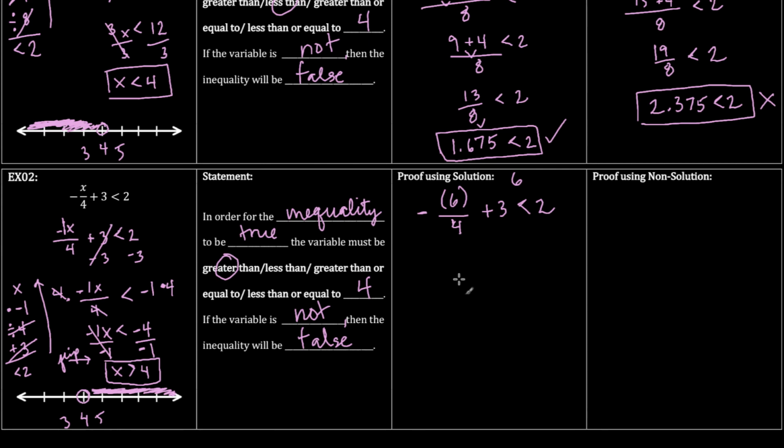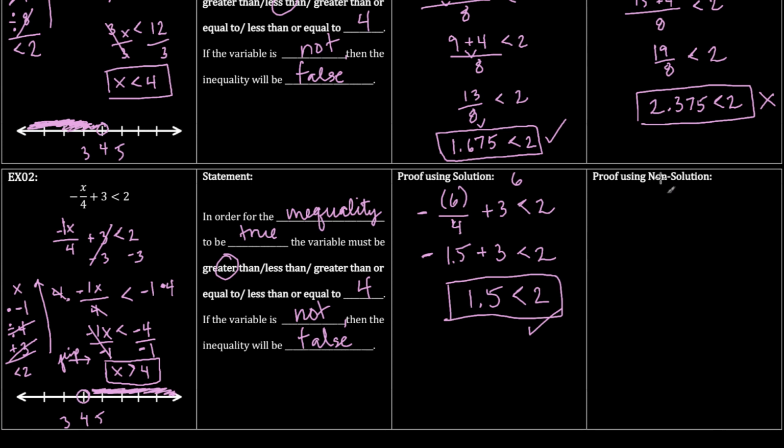I'm just going to do this division first. 6 divided by 4 is 1.5, so negative 1.5 plus 3 should be less than 2. And 3 minus 1.5 is 1.5. And is that less than 2? Why, yes, it is.